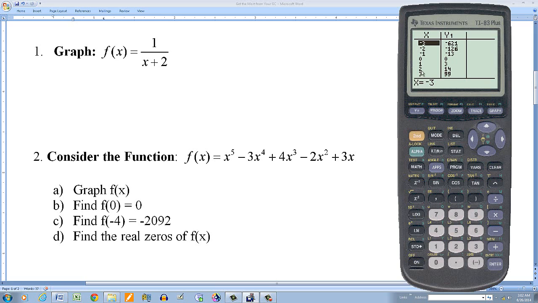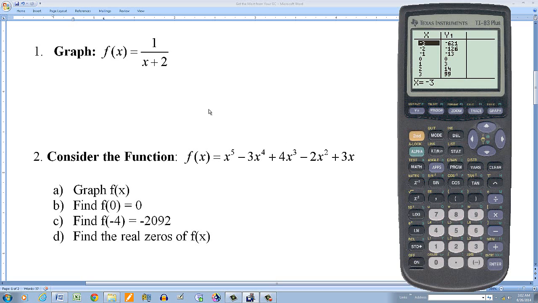Or if the next one, instead of 2, 14, that would be, say, 2 and 0. That would tell me again that the point 2, 0 is another x-intercept. So since the value of 2 makes the function 0, that would be considered a zero, so 2 would be a zero. In this case, there's only one number that makes the value of the function 0, and that is x equal to 0. So for the real zeros of the function, it's x equal to 0.